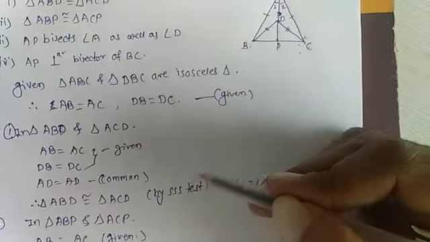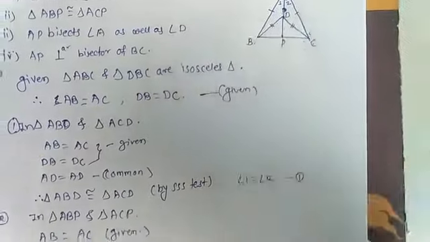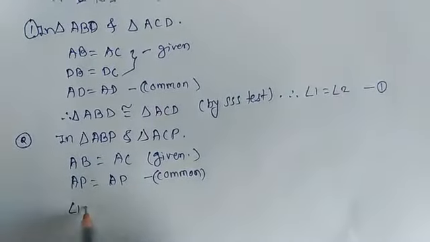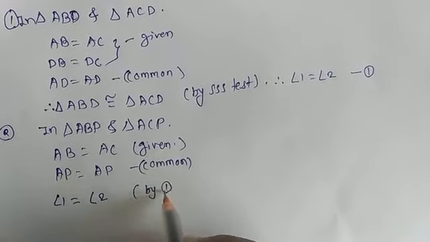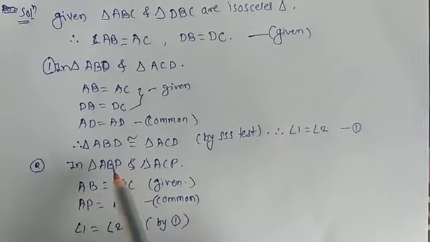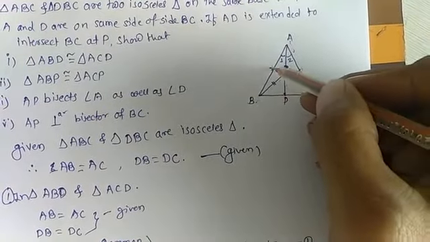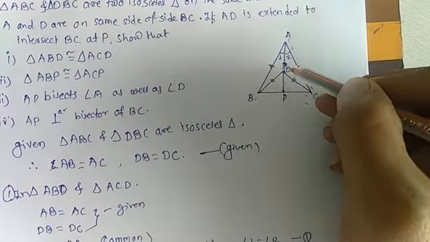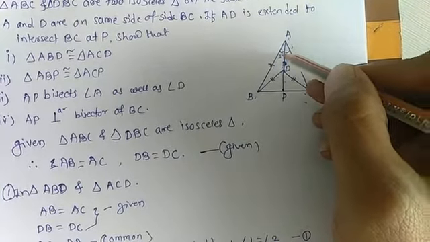Therefore, in the two triangles ABP and ACP, AB is equal to AC, AP is common, and the angles included between these two equal sides are equal.